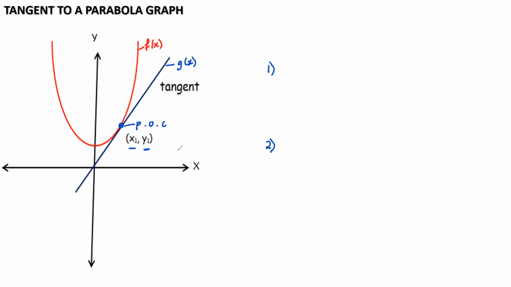So when I'm talking about the point of contact, I'm saying this x1, y1, if I knew the equation of g of x, this point is available there. If I knew the equation of f of x, this point of contact is available there. So the point of contact acts like a point of intersection, meaning to me, at this point of contact, the equation of f of x and the equation of g of x are the same.